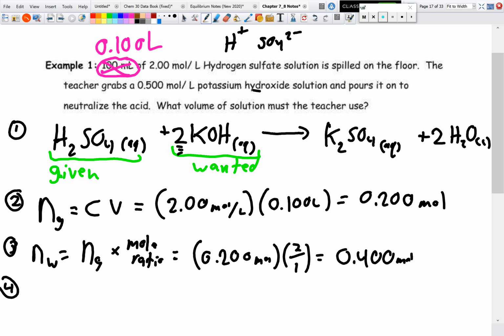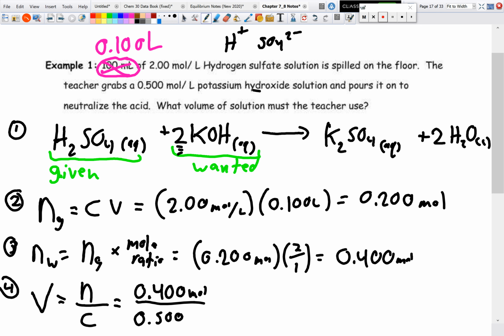And finally, last step, step 4, solve the question. This one says what volume of solution must be used. So that means we're using the concentration, volume, and number of moles equation just rearranged. Volume is equal to number of moles divided by concentration. So we get our 0.400 moles divided by the concentration, which we have up above is 0.500 moles per liter.